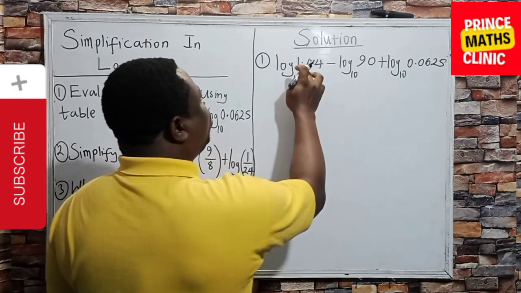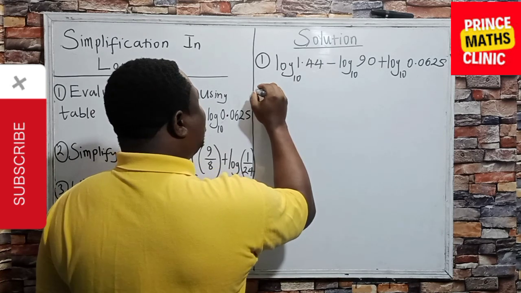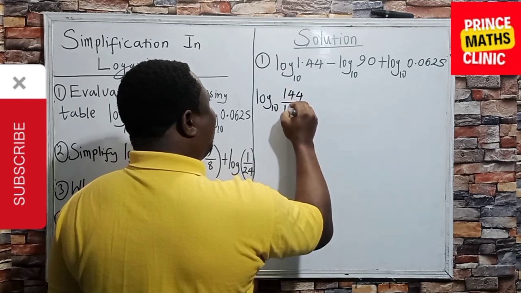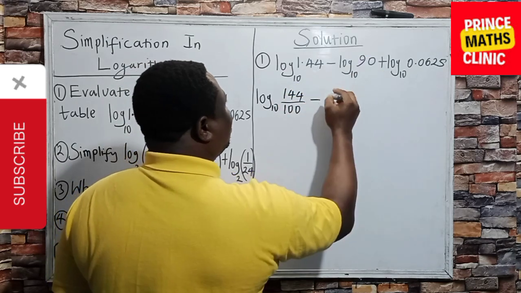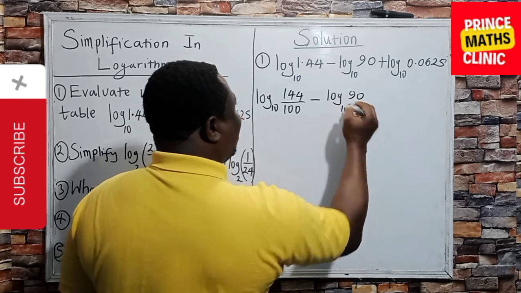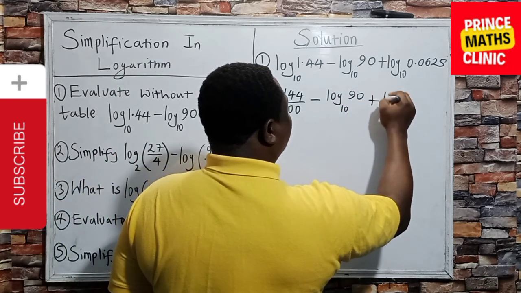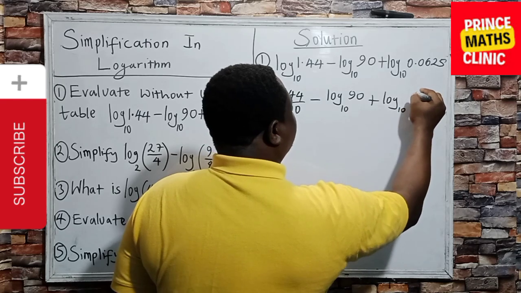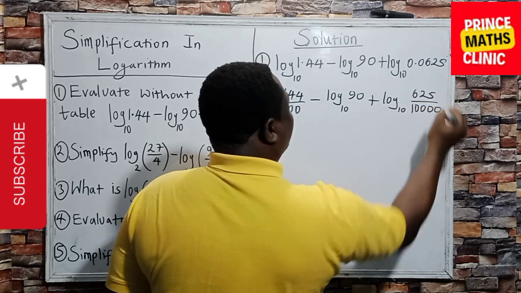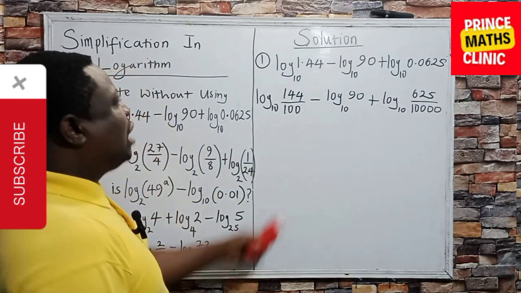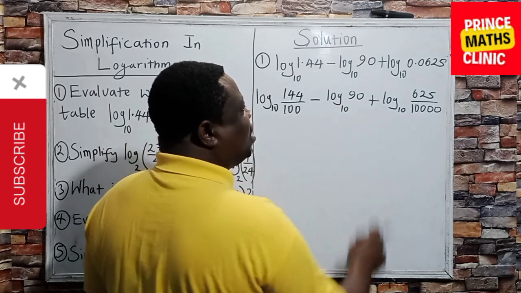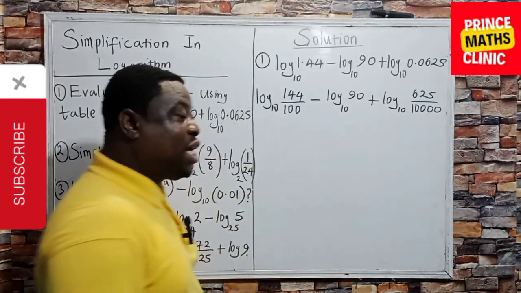We have 2 points after the decimal, so this becomes log 144 over 100, then minus log 90 base 10, then plus log 625, and we have 4 digits after the point, so that is over 10,000. Now we have said that subtraction means division and plus means multiplication.